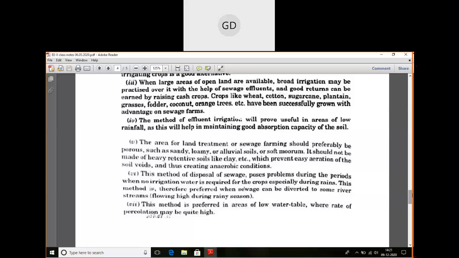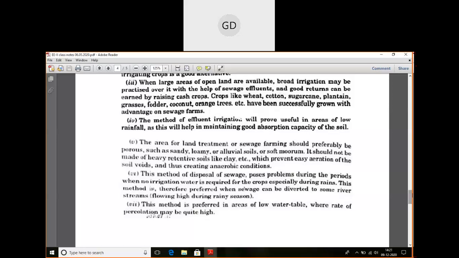It should not be made of very retentive soils like clay, which prevent easy aeration of the soil voids and thus create anaerobic conditions. Neither should it be very sticky, where easy aeration of the soil voids cannot happen.